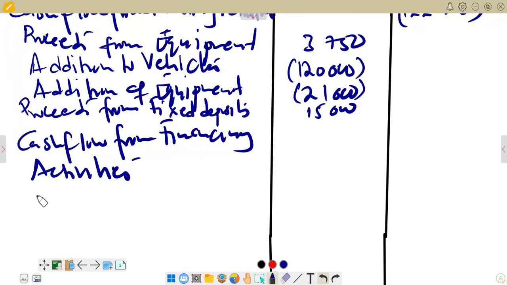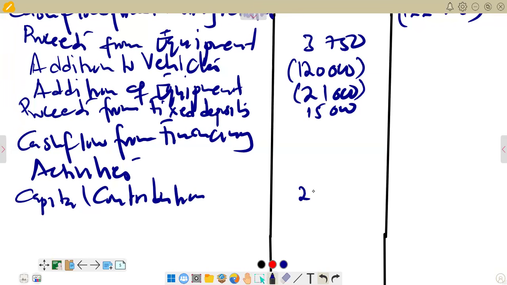So we are saying capital contribution, and the amount that we have is 23,873. And then we check again in terms of movement of loans. So we're going to balance it and try to see what we have.